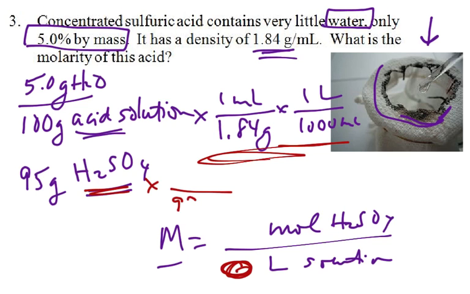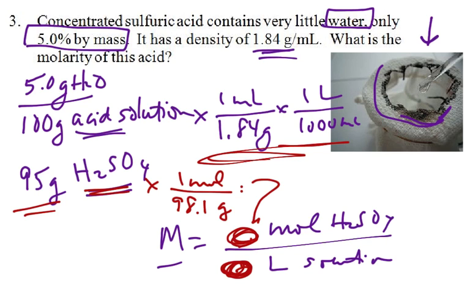It's something like 98.1 grams for 1 mole. And we can get moles, and that's going to be this part of our calculation. So we can use our 95 grams to get moles. We can use our density to get the volume of the solution, divide those two, and we get the molarity of the acid.